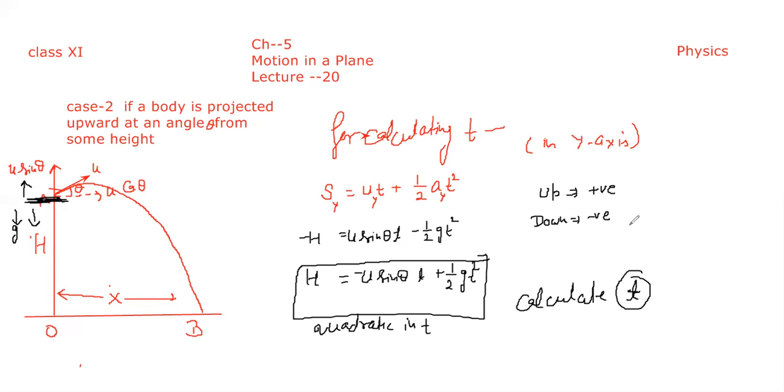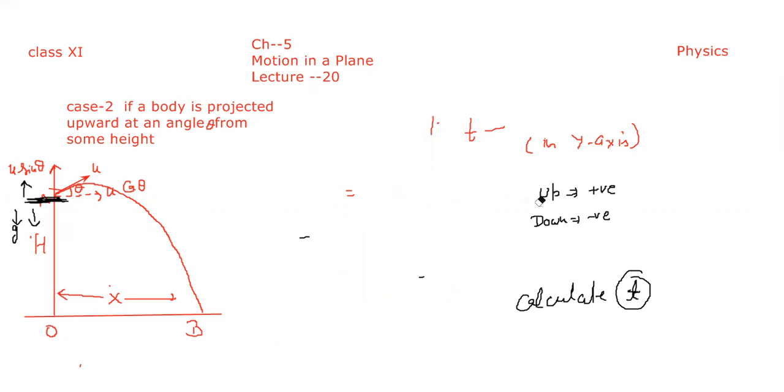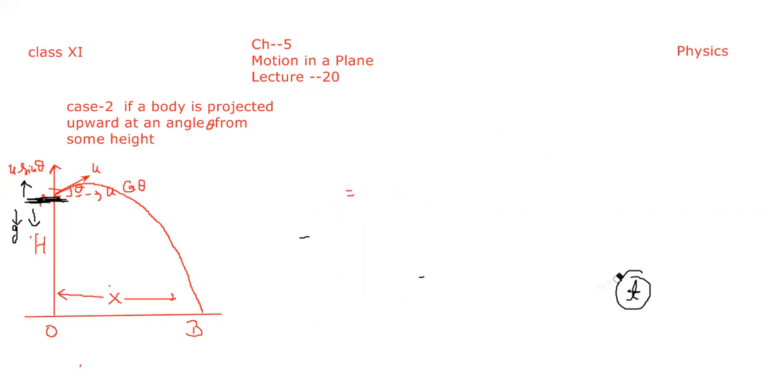If small t is calculated, then capital X is also calculated. It is very simple, because capital X is the horizontal velocity into time. So capital X equal to ux into t.